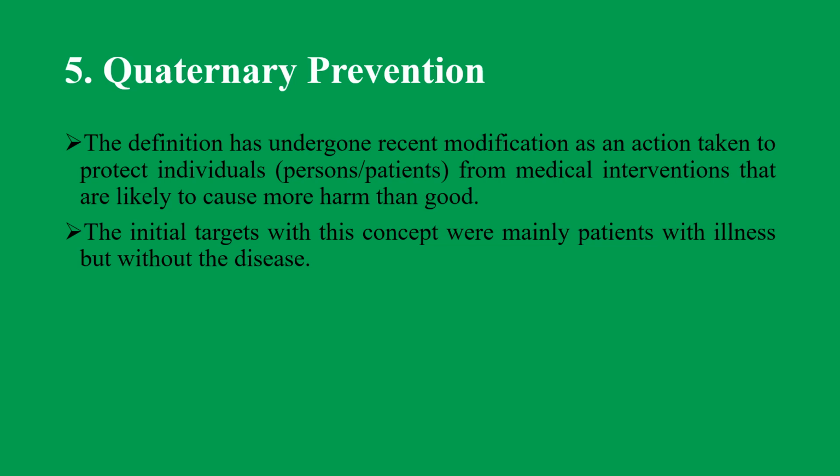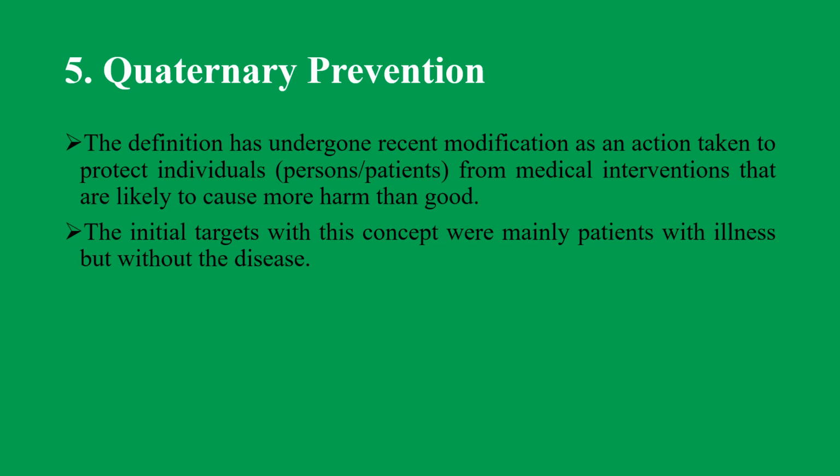So here the aim is to protect patients that are presenting with illnesses but don't have a disease. They have complaints that they present with, but there is no diagnosis that is made on them. So you find that exposing them to drugs that they don't need will also predispose them to getting certain conditions.